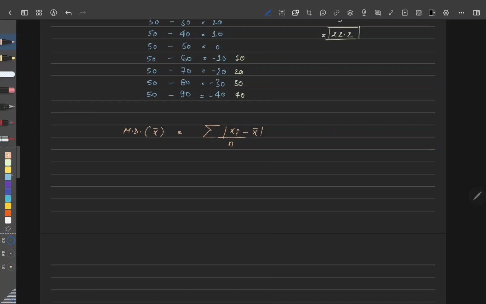And if you see, this is x bar or mean, this is sum, this is the data point, and this is absolute, which is nothing but ignoring the sign.